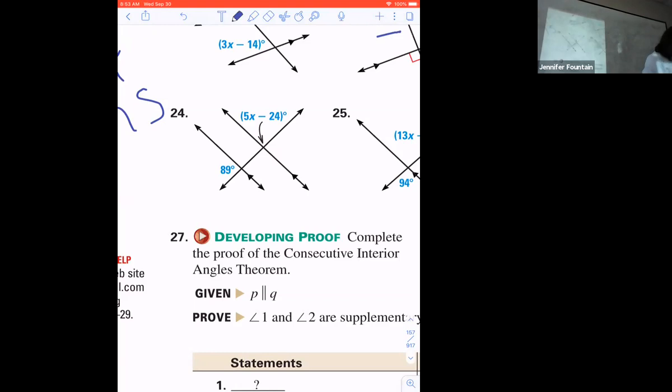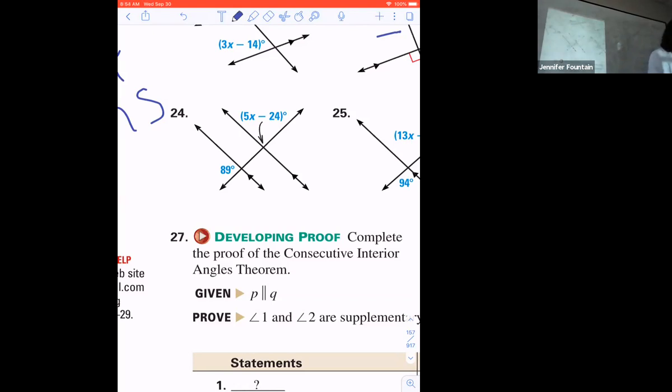So let's look at this one first. If this is 89 degrees, what do I know this is? 91 degrees. So these are my alternate angles, right? And so I could have 5x minus 24 equals 91. And so what would you end up finding that your x is equal to?